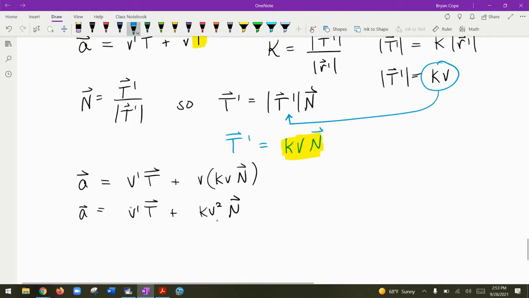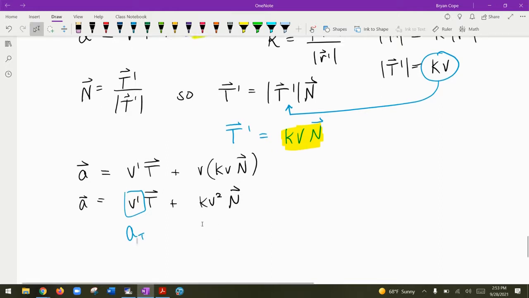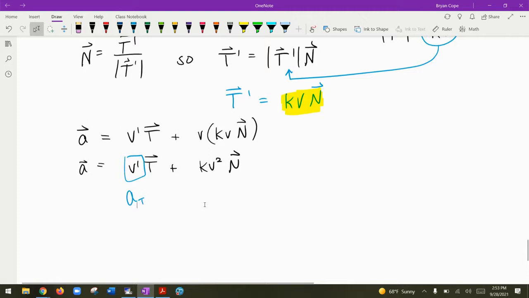This thing is a sub t, the coefficient that goes in front of the unit tangent vector in this derivation, which is the rate of change of speed. This quantity is a sub n, which is the curvature times speed squared.